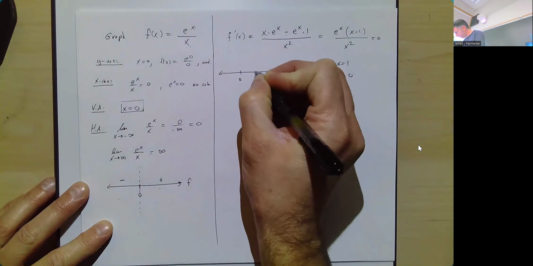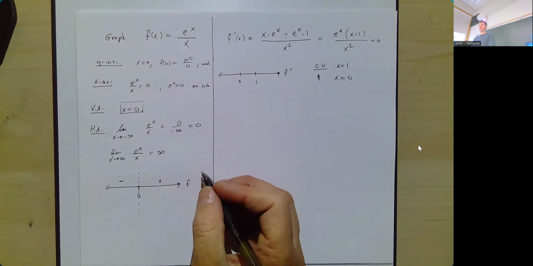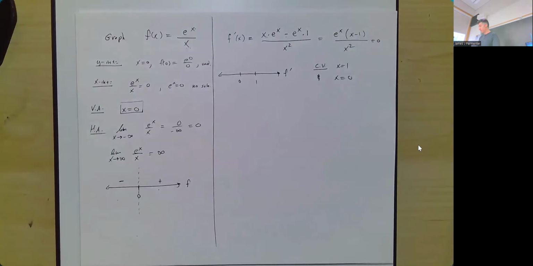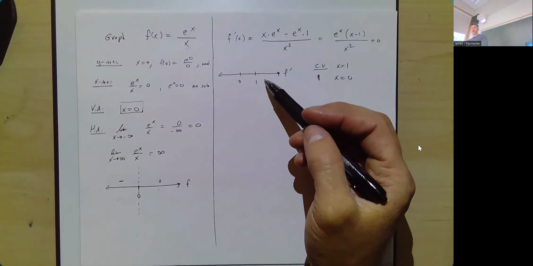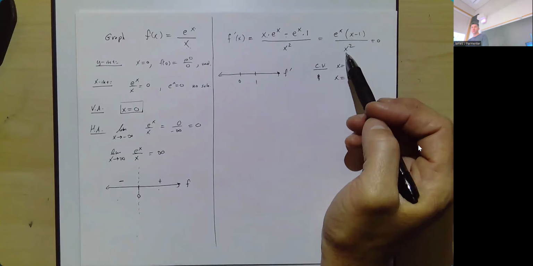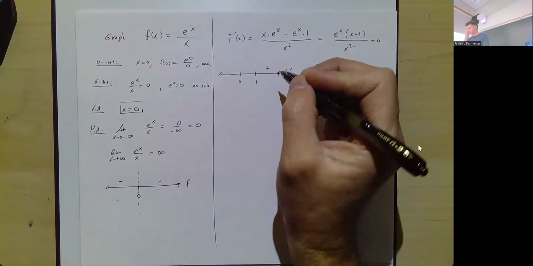Got a 0, a 1, we're talking about f prime. Also, you want to factor as much as possible so it's easy to figure out what the sign of your thing is in each interval. Pick a number larger than 1, like 17. 17 is positive, 17 minus 1 is positive, 17 squared, anything squared is always positive, so the whole thing is positive.